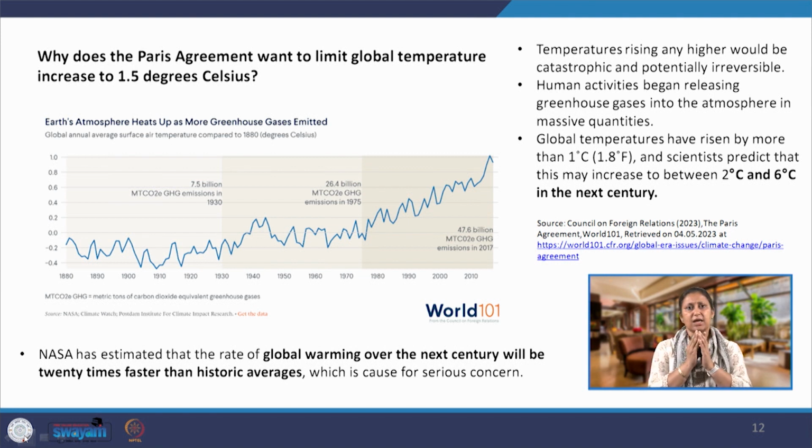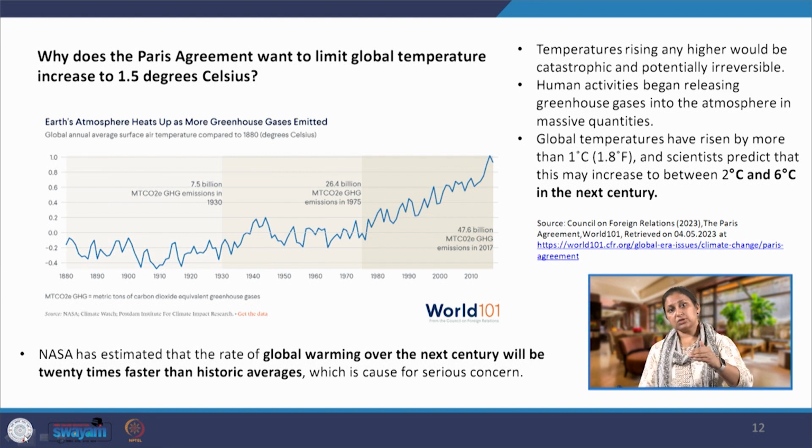We have discussed at length the impacts that rising temperatures have on economy, on environment, on social aspects, and we very clearly know that development is going to decline. The human population is going to decline, the flora and fauna population is going to decline, and we will all be struggling to survive if the temperatures cross 2 degree centigrade.